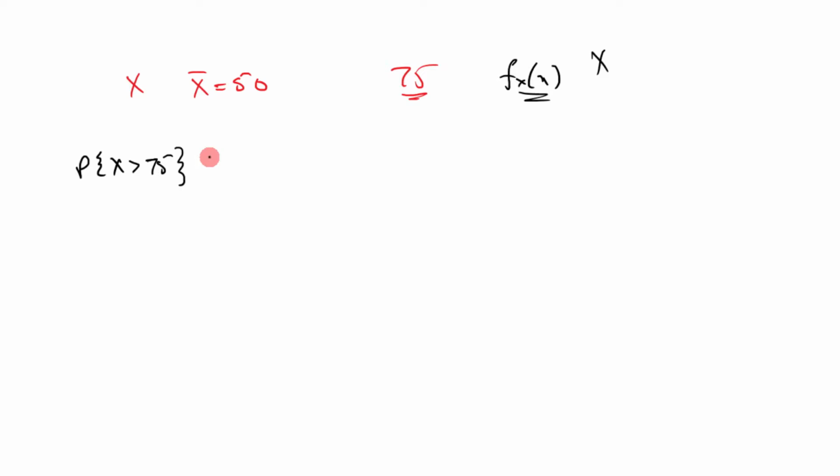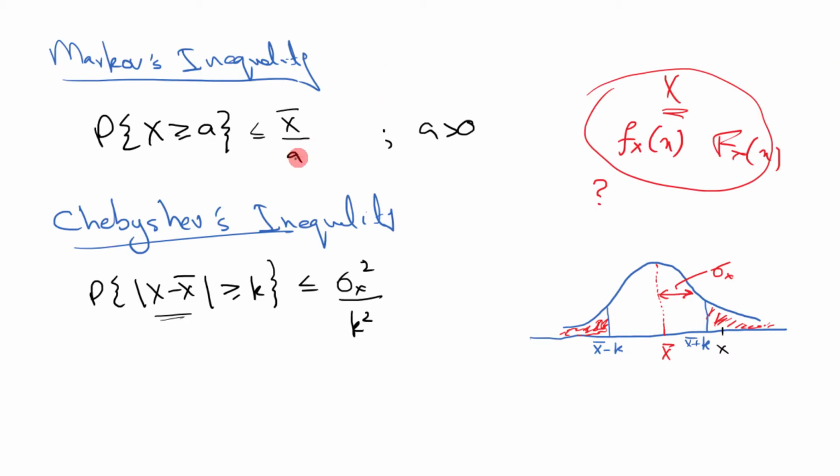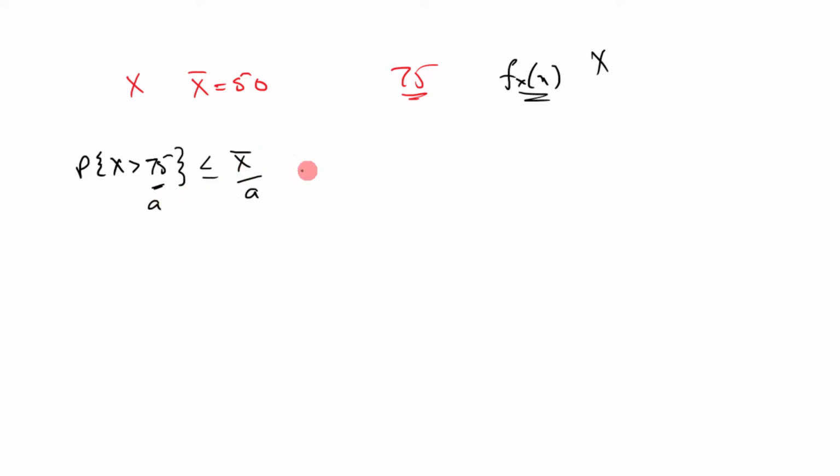So according to Markov's inequality, it will be equal to x bar over a. Here this a is 75. Here a is a positive constant. So we have a is equal to 75. So our mean is 50 and a is 75.